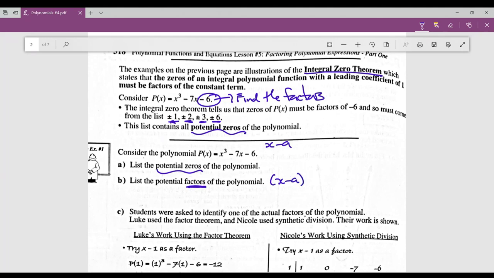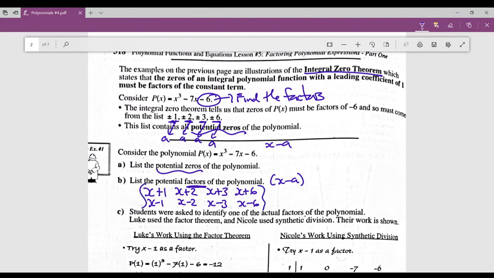These are all a values up here. You could go x plus 1, x minus 1, x plus 2, x minus 2, x plus 3, x minus 3, x plus 6, x minus 6.